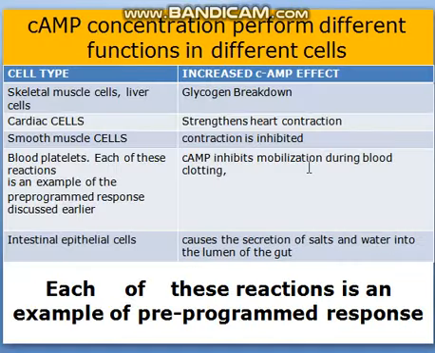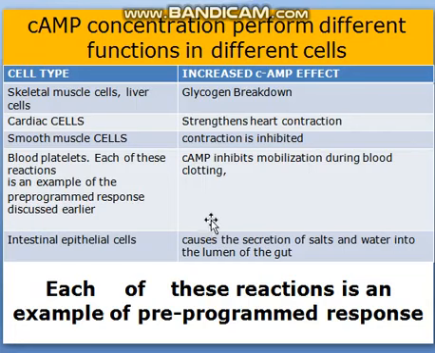And then the cyclic AMP concentrations have different functions in different cells. Sometimes they perform the same functions, but most of the time, if they are present in the skeletal muscles or the liver cells, their function will be the breakdown of glycogen. If they are present in the cardiac cells, they are going to strengthen the heart contraction. And if they are present in the intestinal epithelial cells, they are going to cause secretion of salts and water into the lumen of the gut, right?